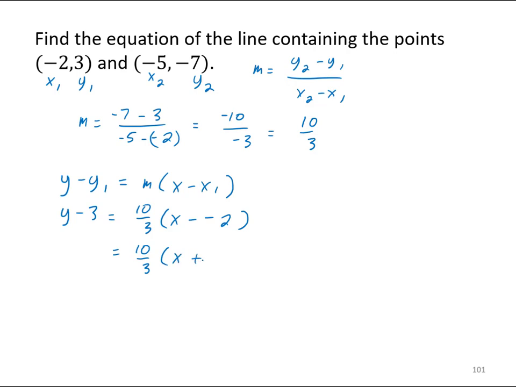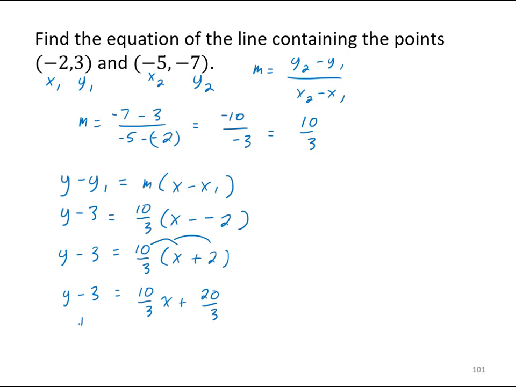On the left hand side, y minus 3. Distributing 10 thirds, we get the equation y minus 3 equals 10 thirds x plus 20 thirds.